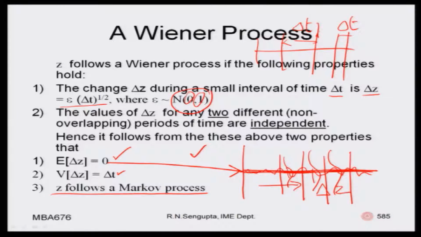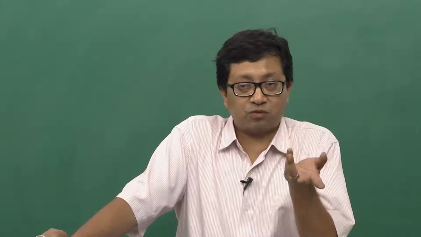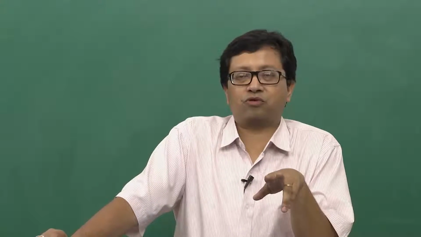Consider delta t1 and delta t2 where delta t1 is greater than delta t2, then in this region the variance of delta z would be much more than the variance of delta z in this time period of delta t2. So, again I am repeating, delta z are the differences of the random variables considering z has some particular distribution. Your next question would be what is the distribution, that is what I am going to come to.